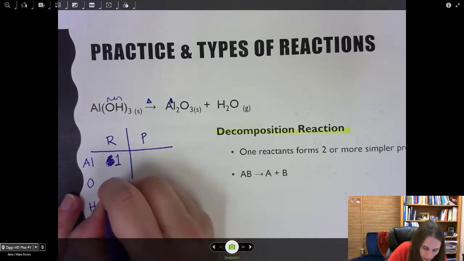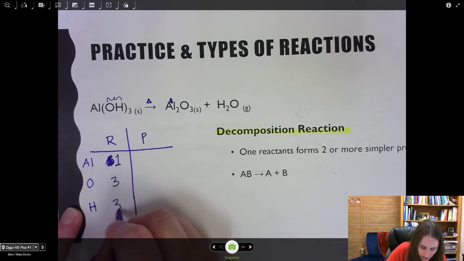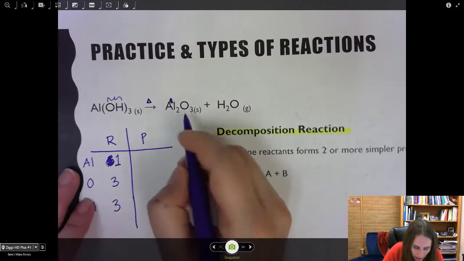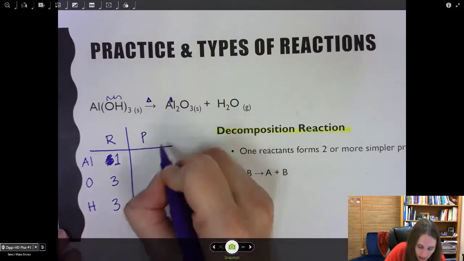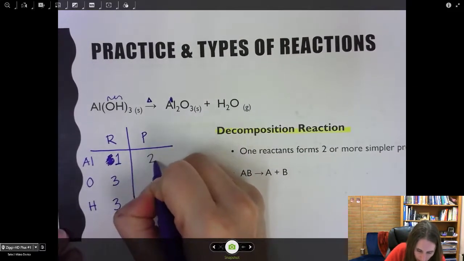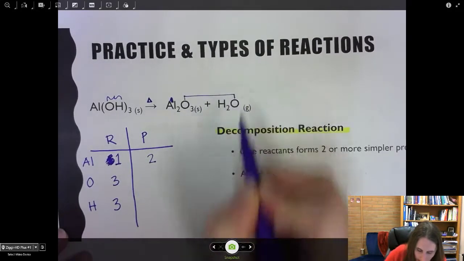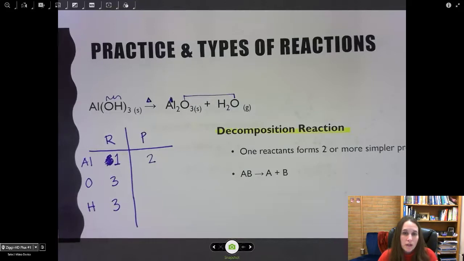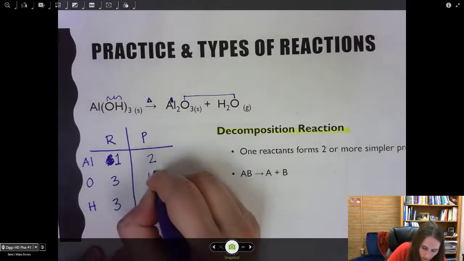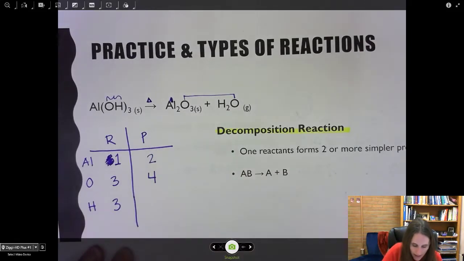So I have 3 oxygens and 3 hydrogens. Then on my product side, using my subscripts, I have 2 oxygen atoms over here. And this is really easy to do. You got to notice that you have oxygen in 2 places. I have oxygen in both the aluminum oxide and the water molecule. So I have a total of 4 oxygen atoms and then 2 hydrogen.